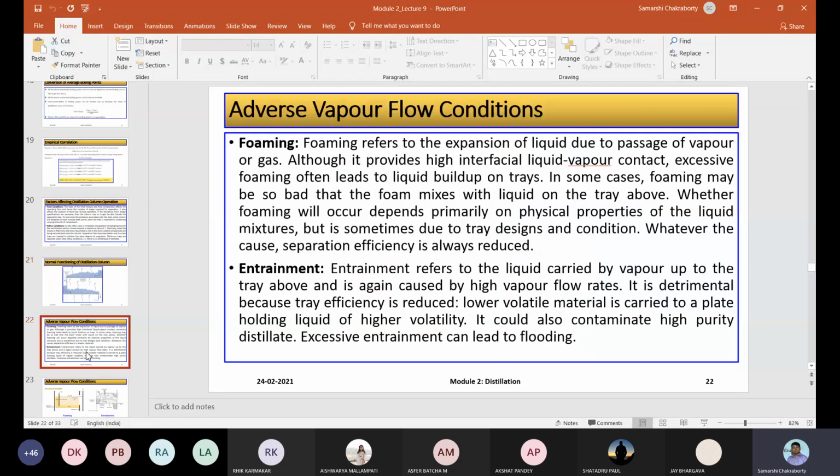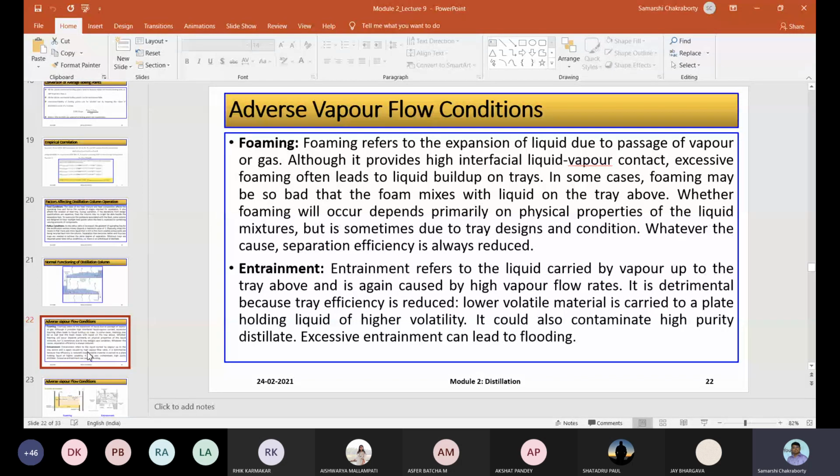Okay, so another effect is foaming. Foaming is actually the starting of this higher vapor flow condition. Foaming refers to the expansion of liquid due to passage of vapor. Although it provides higher interfacial vapor liquid contact, excessive foaming often leads to liquid buildup on the trays, because if too much foaming is happening, too much liquid is going to get retained on this particular tray, which you do not require.